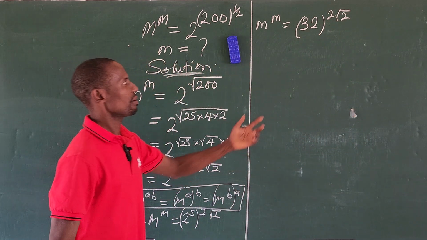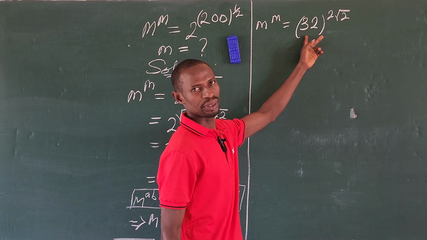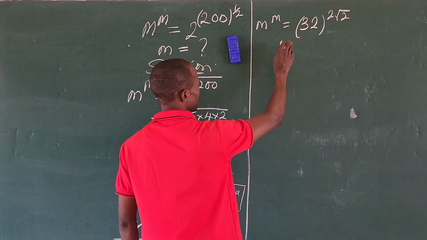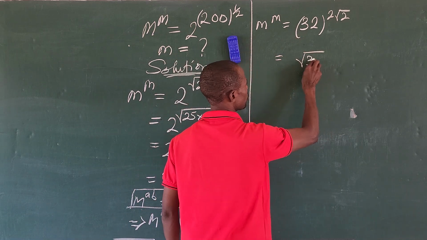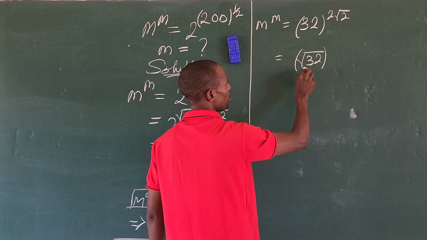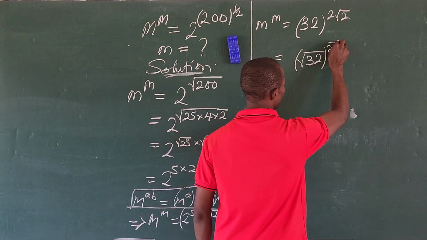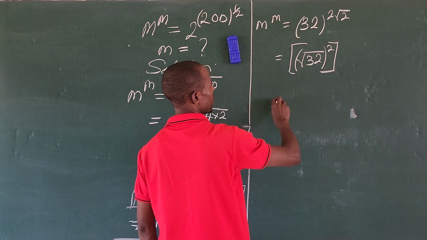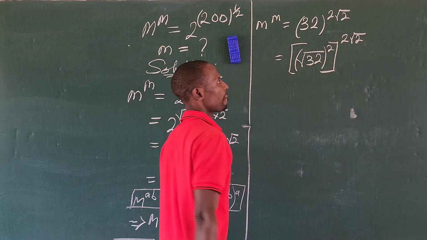Now, what if we want to introduce square roots to this 32? How do we write this? We can rewrite this as the square root of 32, all raised to the power of 2, all raised to, in square brackets, 2 root 2.